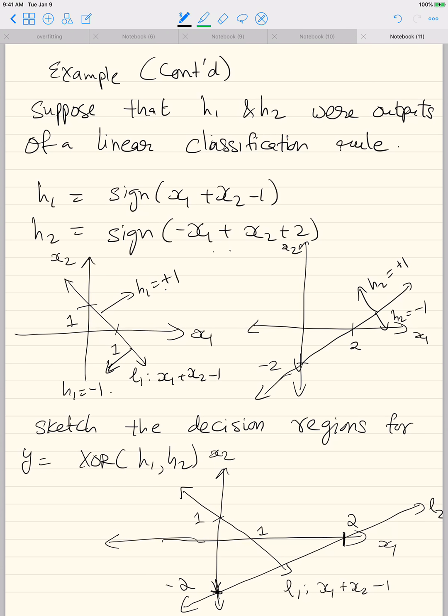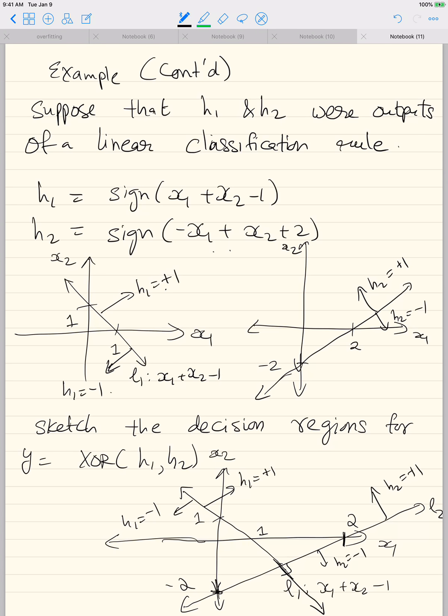So there are 4 regions here. This is the region where h1 is plus 1, and this is the region where h1 is minus 1. This is the region where h2 is plus 1, and this is the region where h2 is minus 1. So we are taking the XOR of h1 and h2.